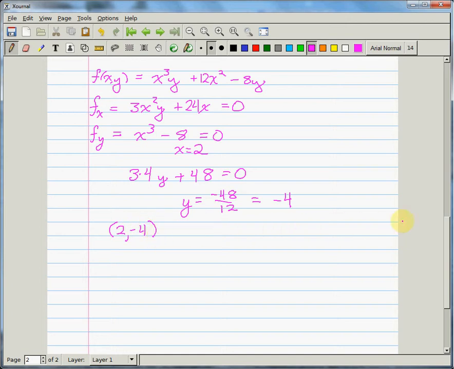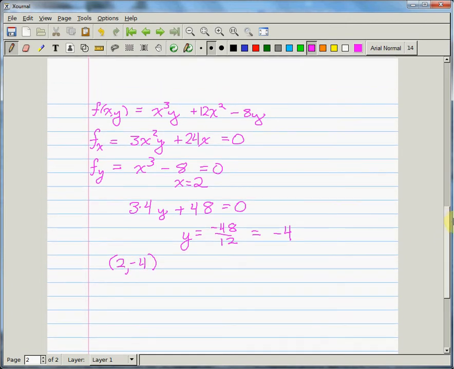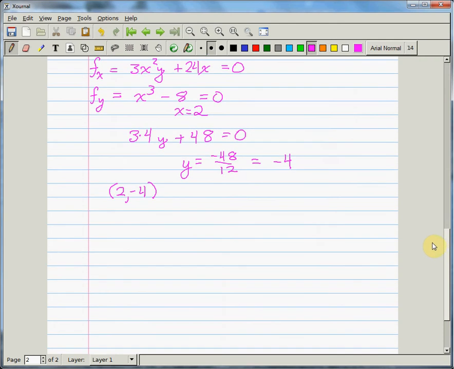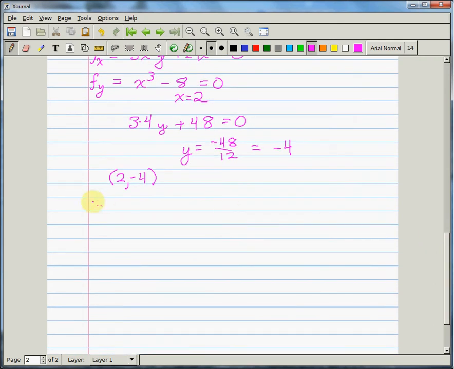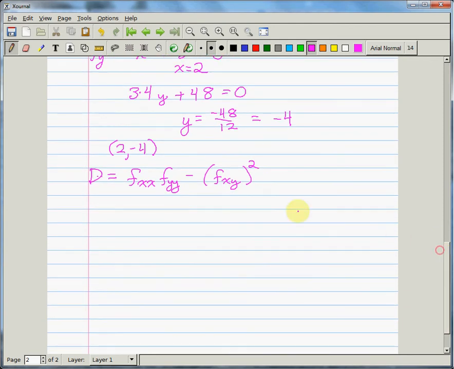And now the question is, is this a local max, local min, or a saddle point? So how do we do that? We use D. And you might remember that D is fxx times fyy minus fxy squared. There are some rules for this, and it takes a point as input.